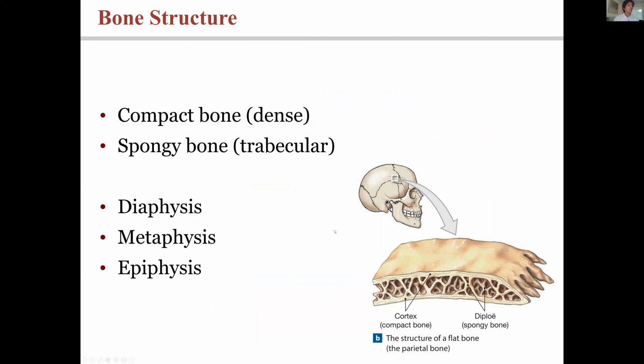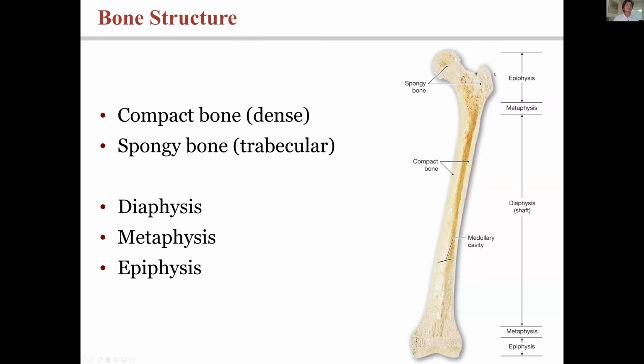Okay, let's look at bone structure. We have compact bone and spongy bone. It's pretty self-explanatory, but we're going to see why they take those names. Here you have the components of a bone. You have the diaphysis, metaphysis, and epiphysis.